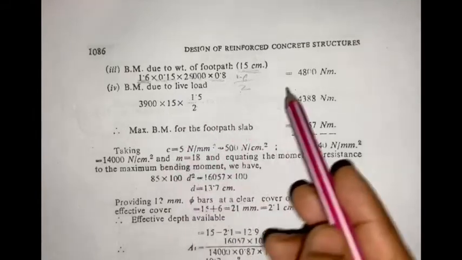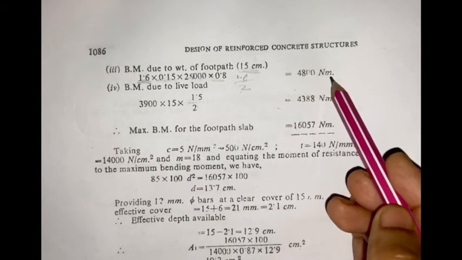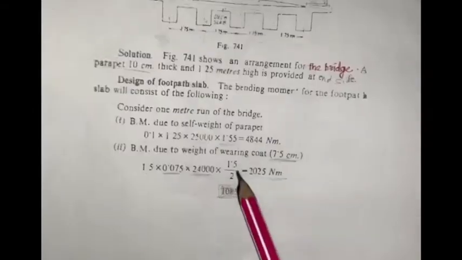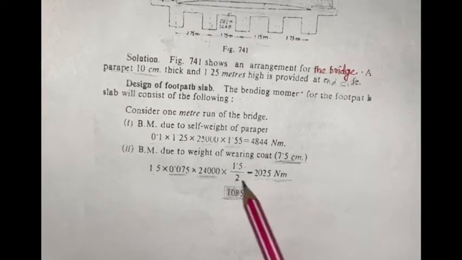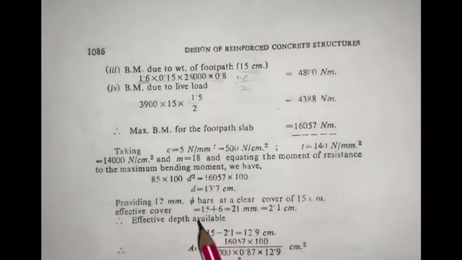Okay, so we have 4800 Newton meter. Here we have also done 1.5 divided by 2, half of the length.